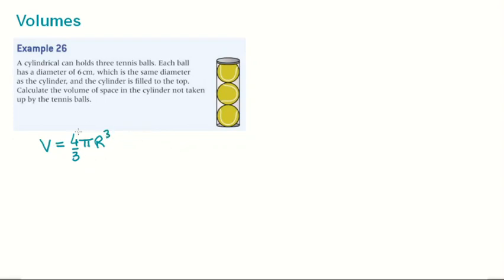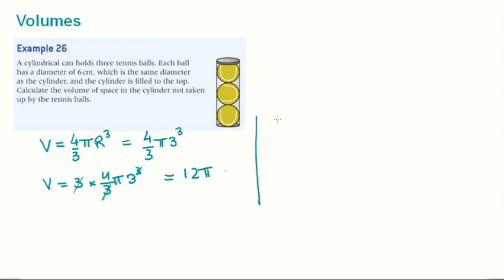We know the diameter is 6, so our radius is 3. So the volume of one ball would be 4/3 pi 3 to the power 3, and I'll leave it like that for now. There are 3 balls, so the volume of all 3 balls will be 3 times 4/3 pi 3 to the power 3. So we can actually cross out some of those 3's. That would be 12 pi cubic centimeters, the volume occupied by the spheres.